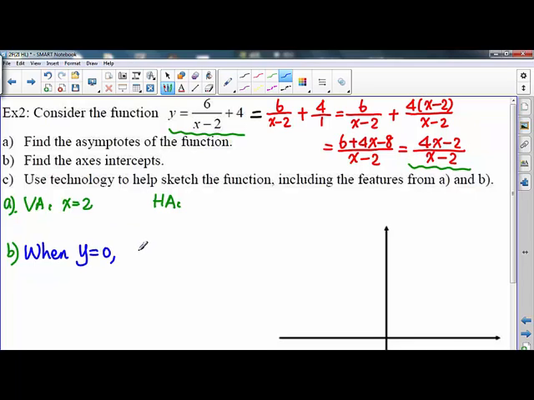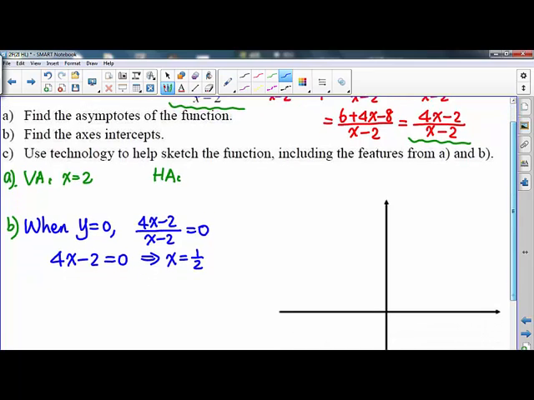So 4x minus 2 over x minus 2 is 0. For this rational equation, you know the bottom cannot be 0, which means only the top can be 0. So if 4x minus 2 is 0, this x value is 1/2. So this is the x-intercept.